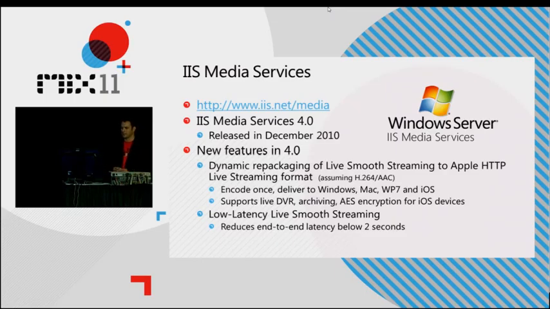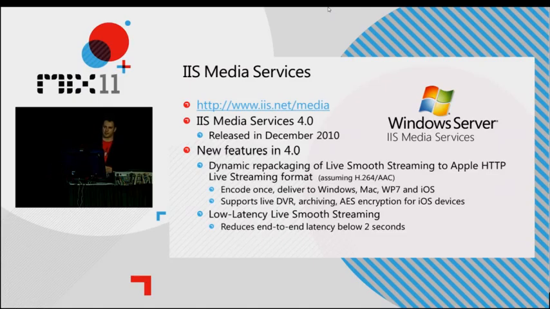So assuming you're using those codecs, the reason why we can just repackage these streams without actually having to re-encode them is because the only thing that's actually different is the file format in this case. So smooth streaming uses an MP4-based file format, whereas HTTP Live Streaming uses an MPEG-2 transport stream-based file format.